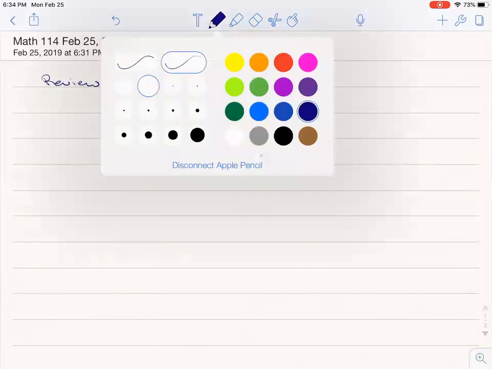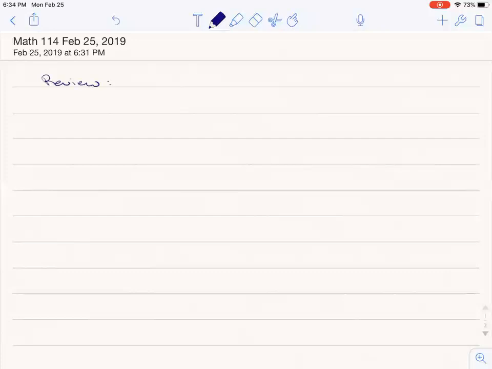Let's start with some quick review. I changed the thickness of my pencil there. So for review, we've been talking about simple interest. Right, so simple interest problems, they're in chapter 4.